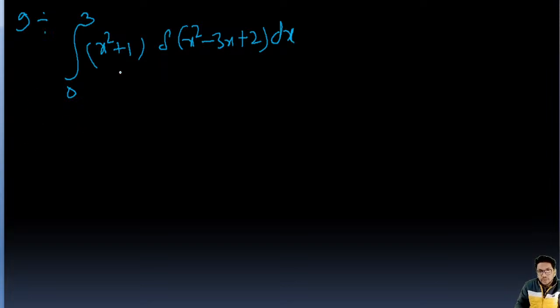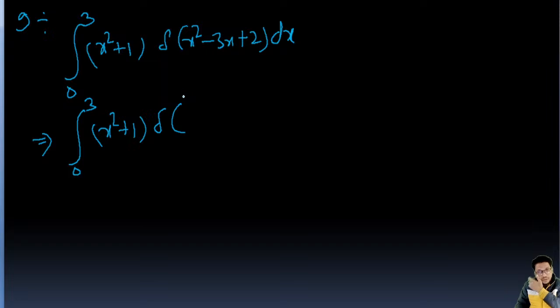So this is 0 to 3, and the function is x square plus 1. We'll simplify the delta argument so that we can use the Dirac delta property.